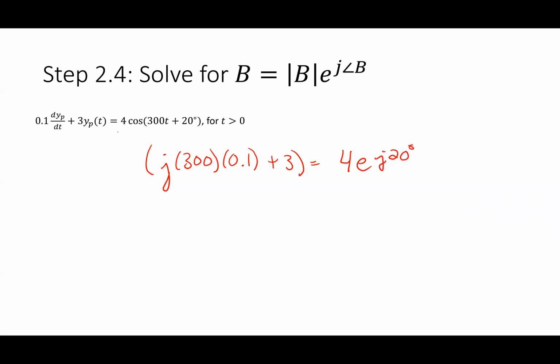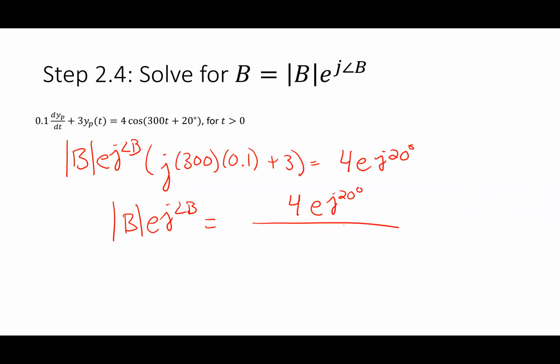And I can say that this is B e to the j angle B. So B is going to be 4 e to the j20 degrees over j300 times 0.1 plus 3.